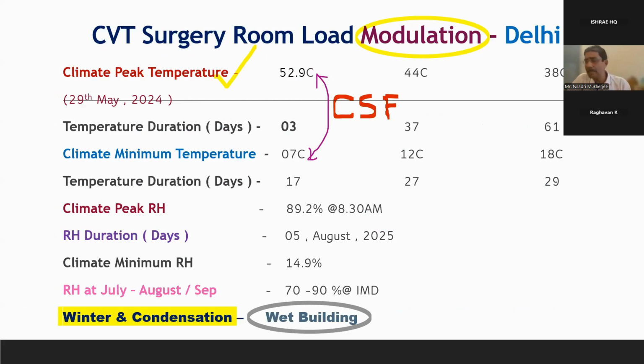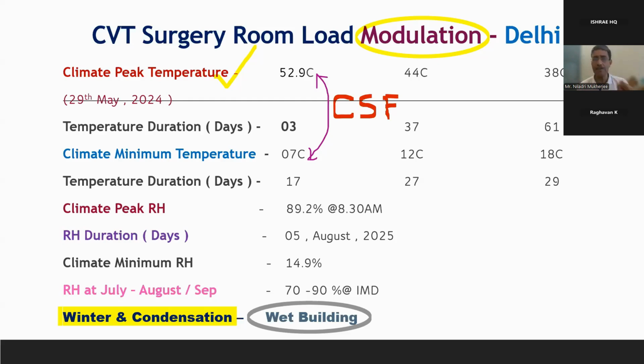See, it's a correct figure from last year: Delhi showed around 52.9 degrees as a peak temperature, and the minimum temperature of Delhi came around 7 degrees centigrade. This 52.9 degree temperature lasted for 3 days.